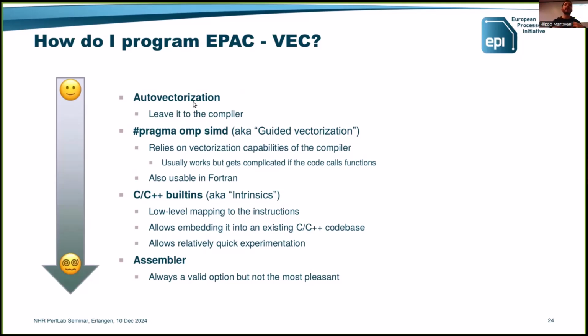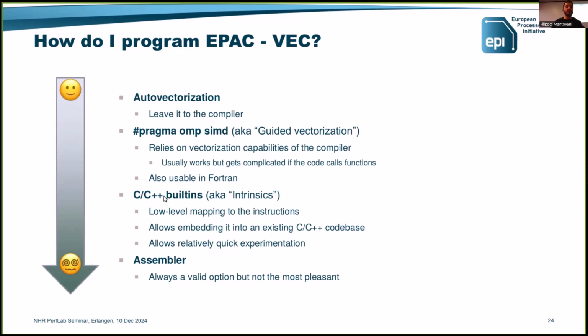We developed a compiler that is based on LLVM, so we provide you with a compiler that is able to auto-vectorize codes, not all codes. If you want, you can annotate your code with the pragma omp simd, that we call guided vectorization. Otherwise, you can use C, C++ and Fortran.